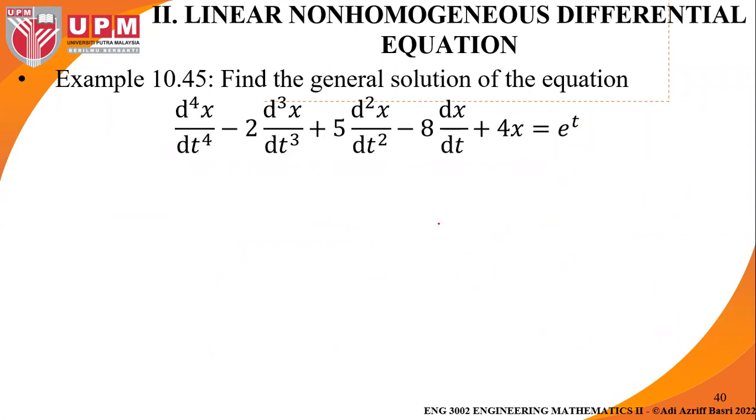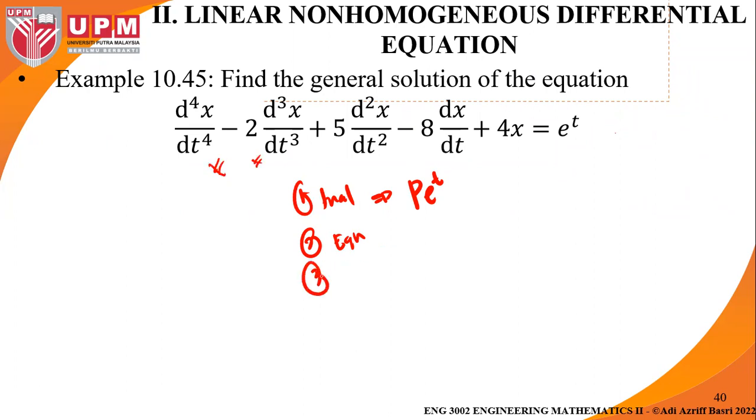We have example 10.45. Okay, now we know that on your right side it becomes an exponent, so automatically you can use the trial, which is p e^(t). Second, we need to find the equation in terms of this one.